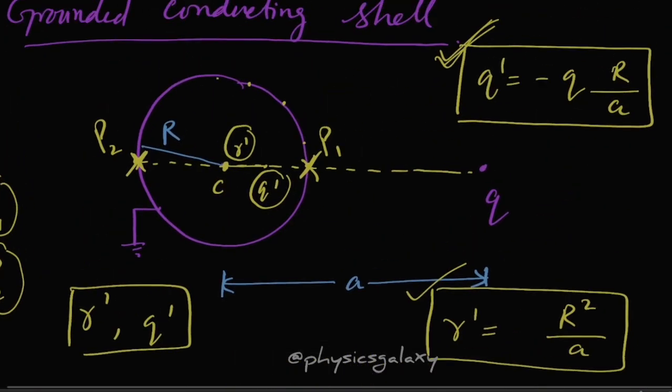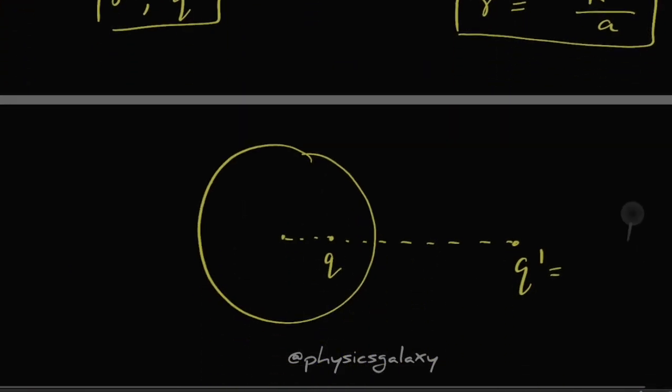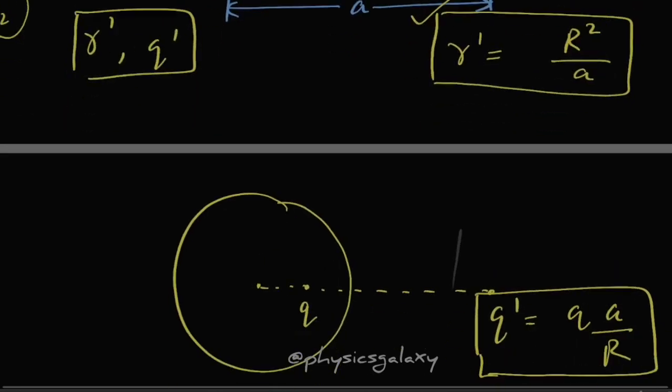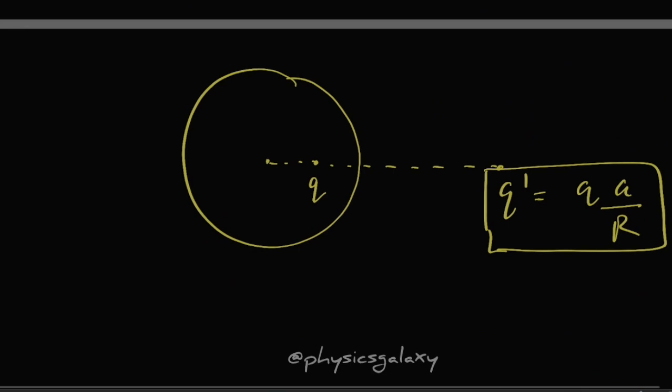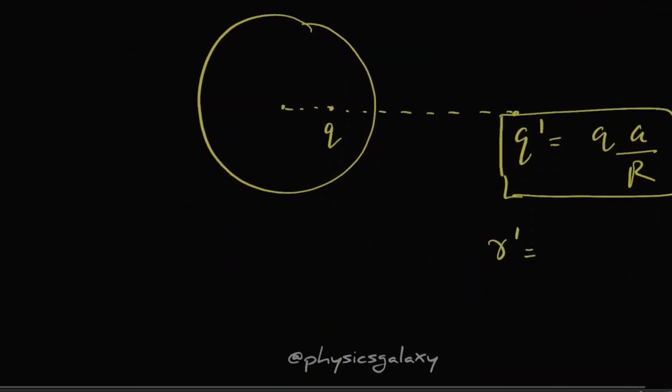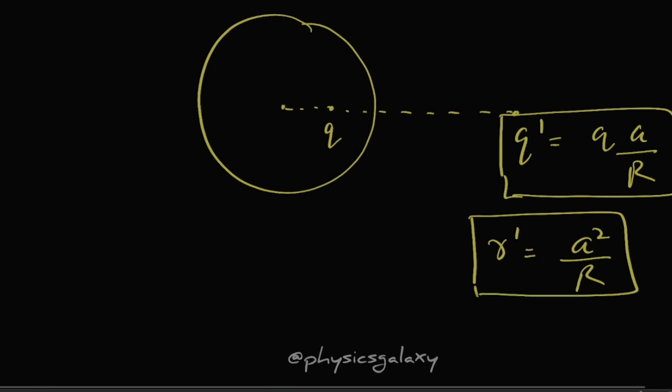So R by a, you have to take a by R, q dash equals minus q a by R. It's a reciprocal thing. Similarly r dash, the distance of the imaginary charge which will be outside, will be a squared by R. So you just have to do this reciprocal.